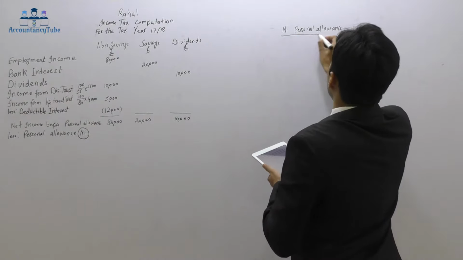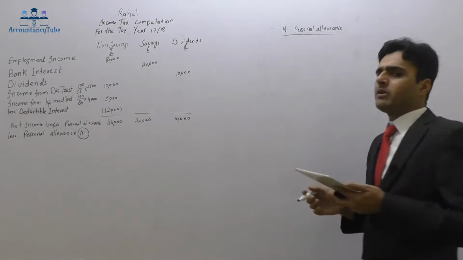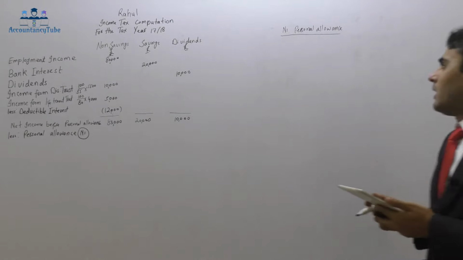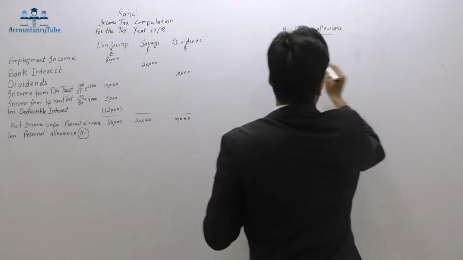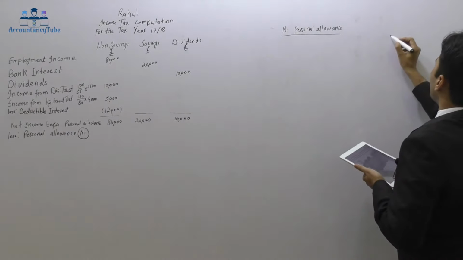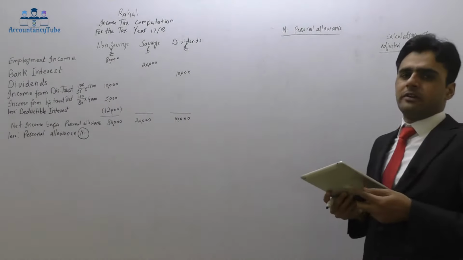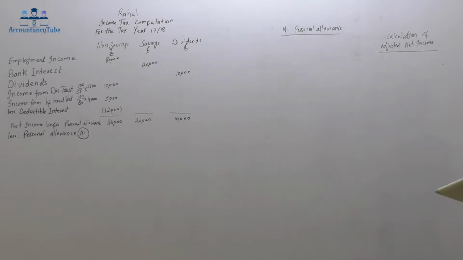Now for the personal allowance calculation, we need to see how much our adjusted net income is. Let me do it here. In order to calculate the adjusted net income, we need to take the net income before personal allowance.